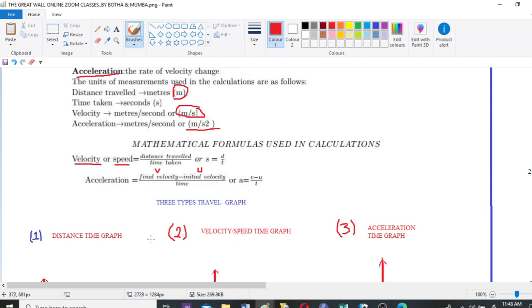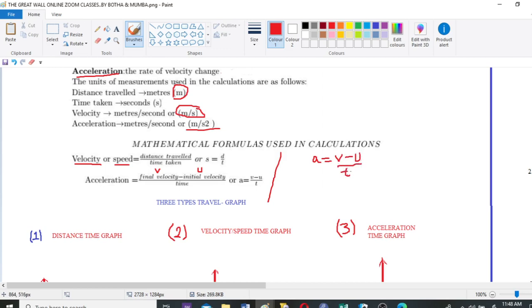But for this formula here, for acceleration, we can still make v the subject of the formula, and we can use it in calculating for velocity. So the formula is acceleration is equal to v minus u over t, isn't it?